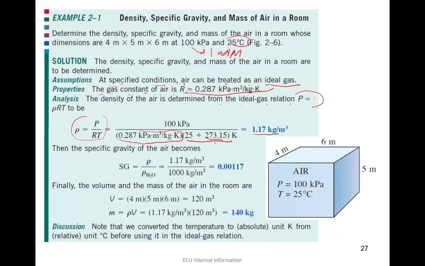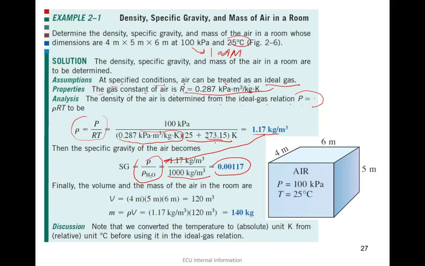Very simple. Then specific gravity: we said specific gravity is the density of a gas relative to the density of water in most cases. In that case, 1.17, which we have from here, divided by the density of water at 4 degrees Celsius, which is this one, and this is the specific gravity.